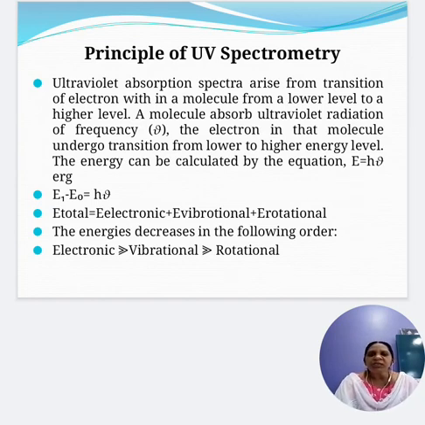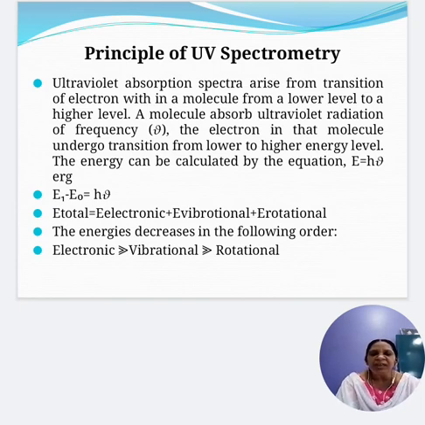So a molecule, when it absorbs ultraviolet radiation of frequency nu, the electron in that molecule undergoes a change in its energy levels. It transits from a lower energy level to a higher energy level by acquiring that energy.